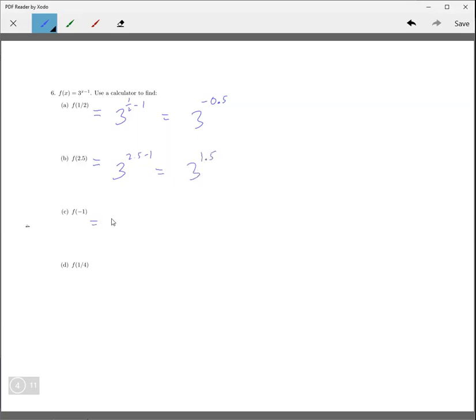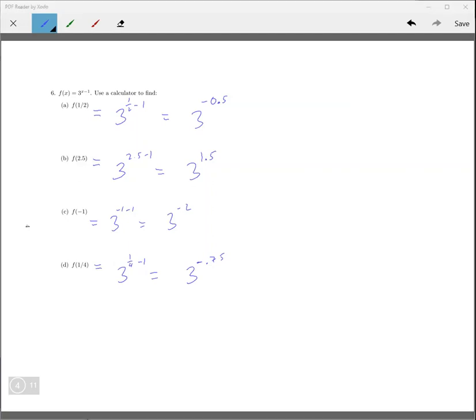Then this one is 3 to the negative 1 minus 1, or 3 to the negative 2. And this last one is 3 to the 1/4 minus 1, or 3 to the negative 0.75.